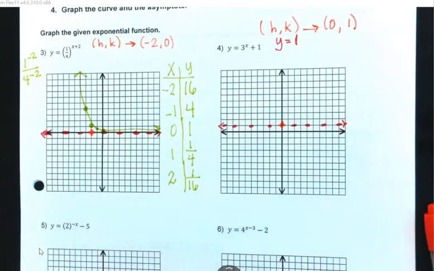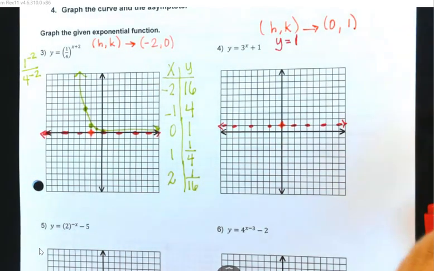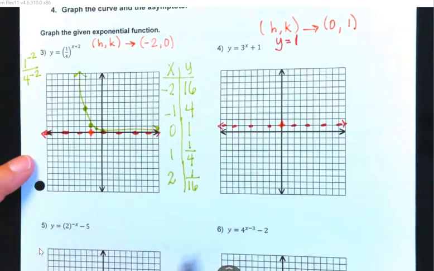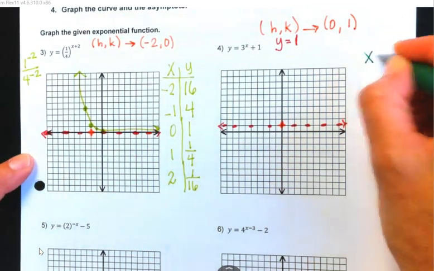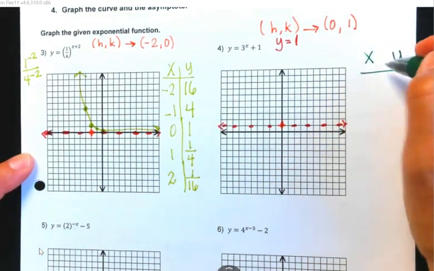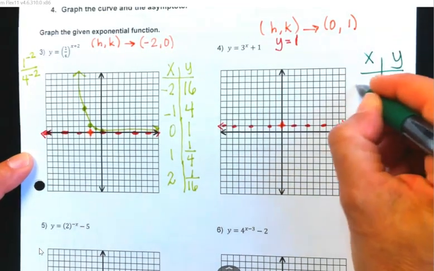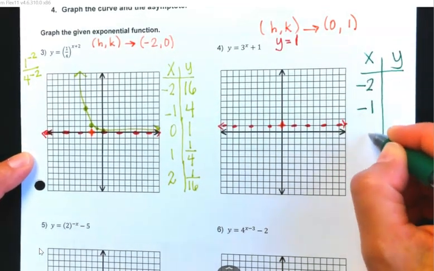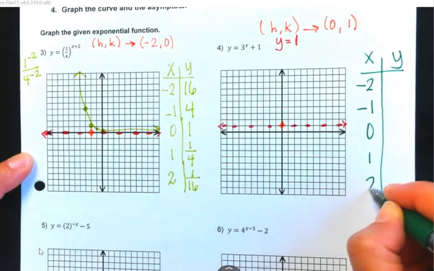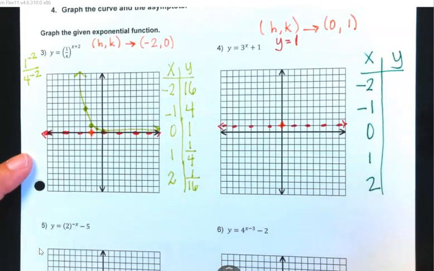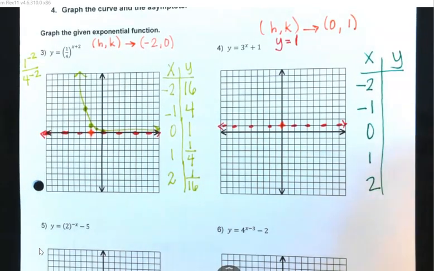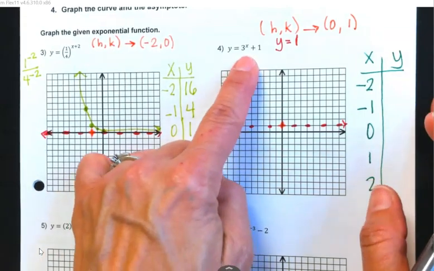All right, let's go ahead and plot some ordered pairs here. We're going to use the same numbers, -2, -1, 0, 1, 2. All right, and remember, we're only applying it to the base.